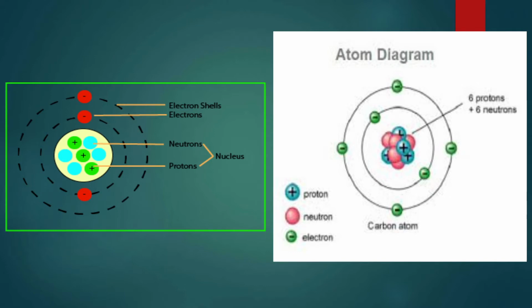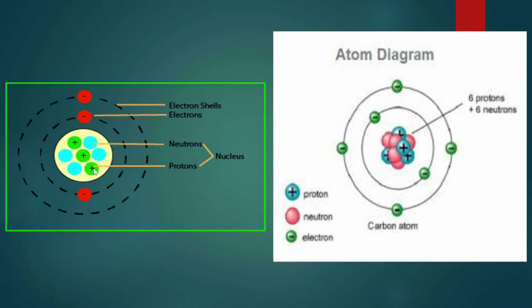Now, if you just look at the diagram of an atom, the lemon yellow color part is known as the nucleus, in which you find the protons, the positively charged particles, and the neutrons, which are chargeless particles, that is, the charge of neutrons is 0. So, your nucleus is positively charged.